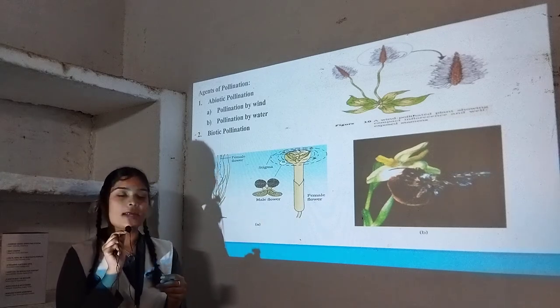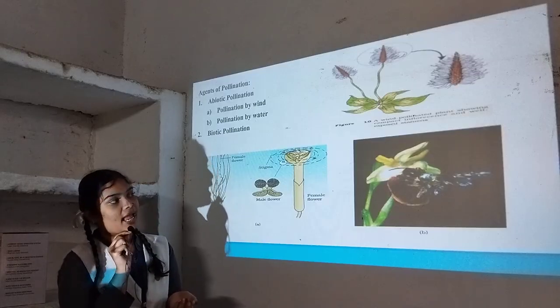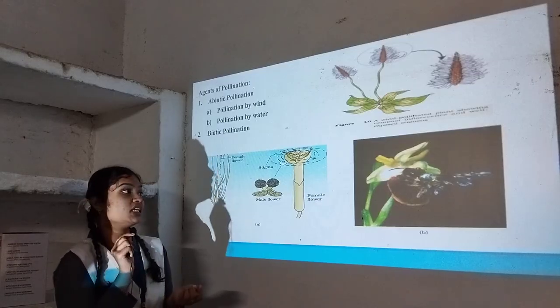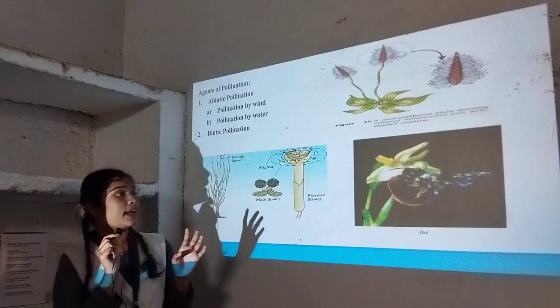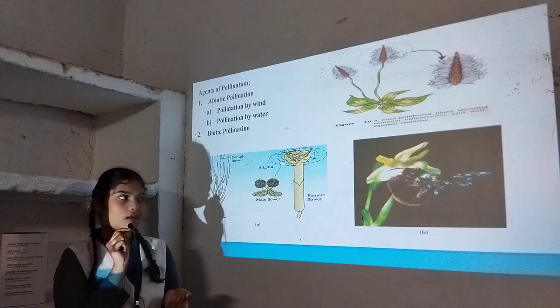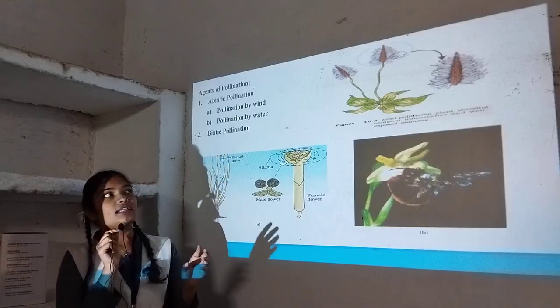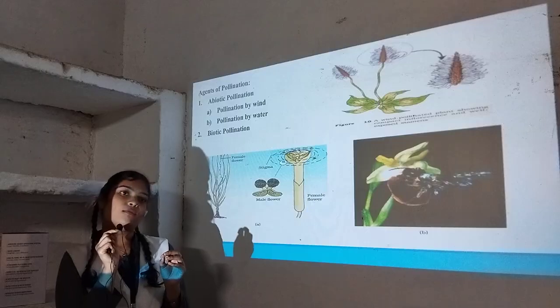Basically the rewards of the flower are nectar and pollen grain, and the flowers that need to be pollinated by biotic agents are generally large, colorful and rich in nectar, and they produce a very sweet fragrance.